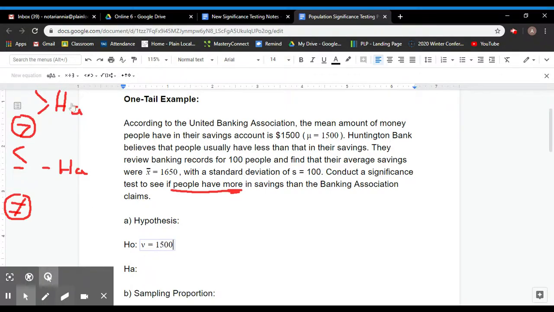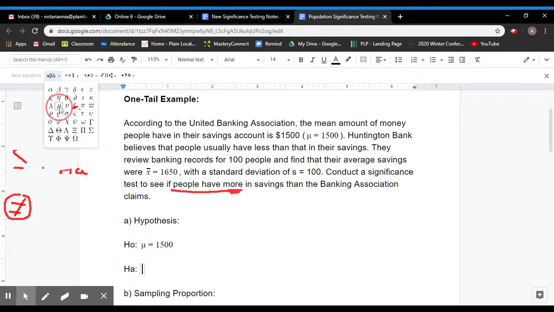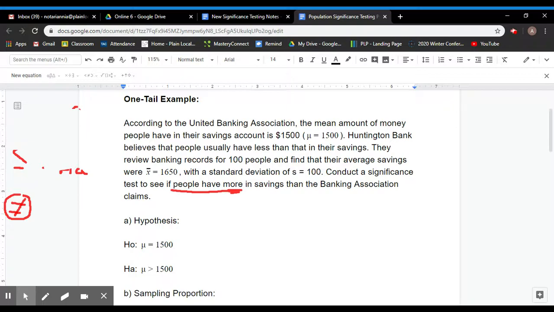Okay, that is the initial claim being made. For HA, we're finding out if it's more than the Banking Association says. So this will be mu is greater than 1,500. So this right here is what's telling us that this is a one-tail test.